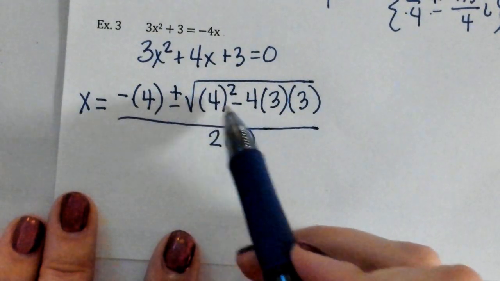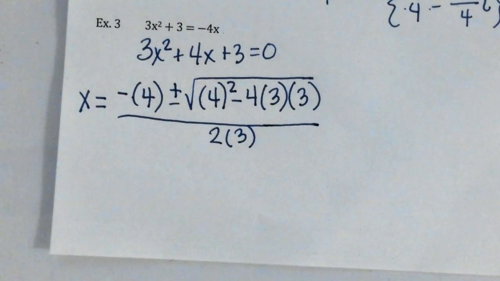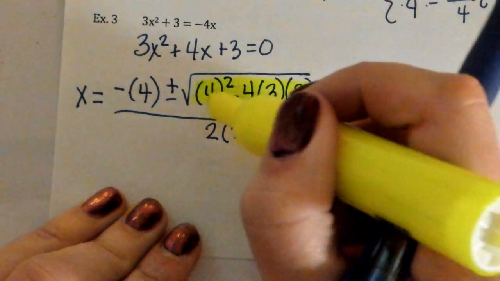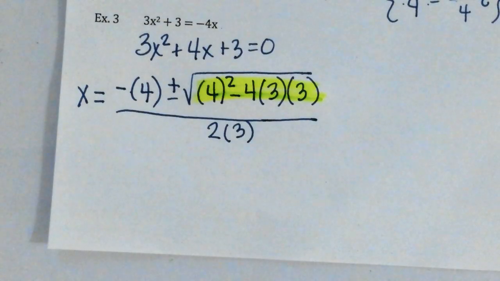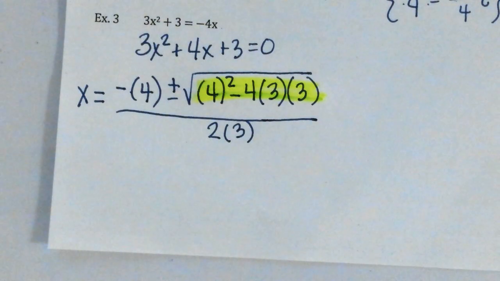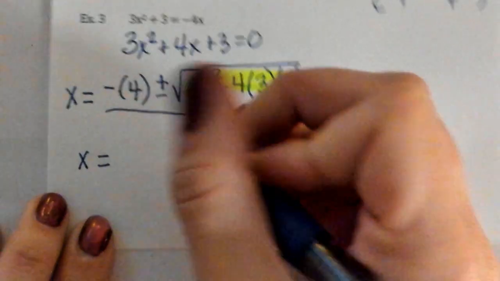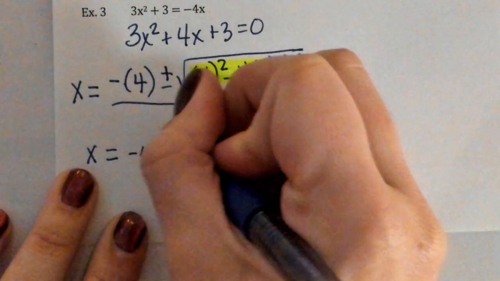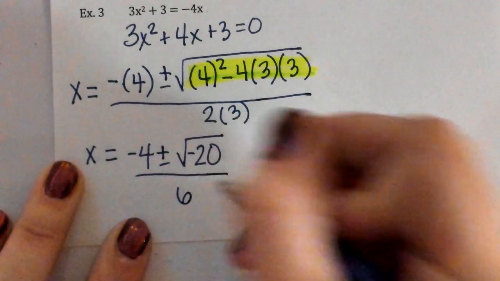Negative b plus or minus the square root of b squared minus 4ac. Okay. All right, and then the discriminant would go in the calculator, but let's see if we can figure this out here. 4 squared is 16. 16 minus 36. What's 16 minus 36? Negative 20. All right. So x is going to equal negative 4 plus or minus the square root of negative 20, all over 6.